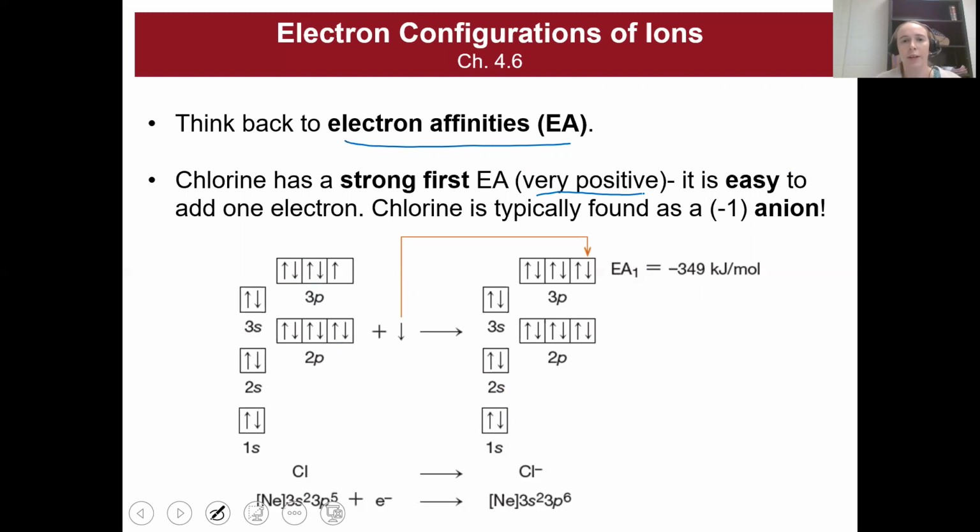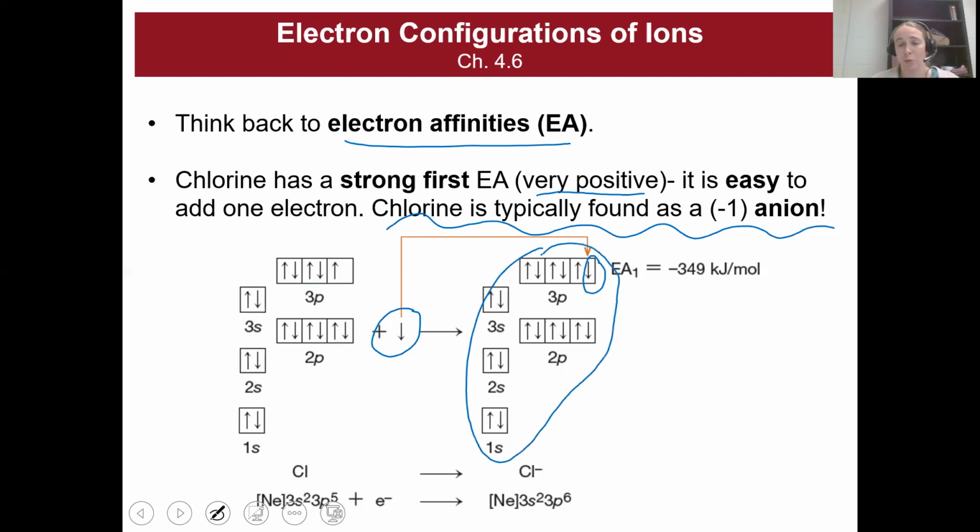That's why chlorine is typically found as a -1 anion. We can look at the electron configuration and easily see why. If we add an electron to our 3p subshell, we end up being isoelectronic with a noble gas.